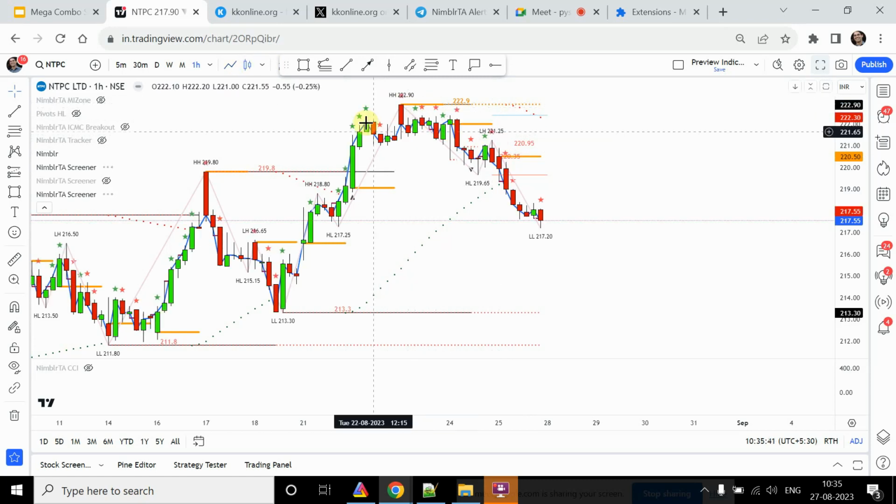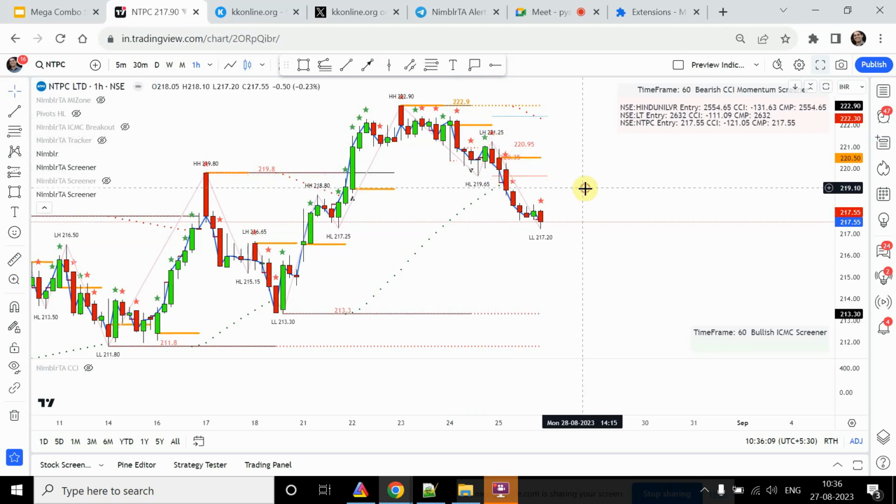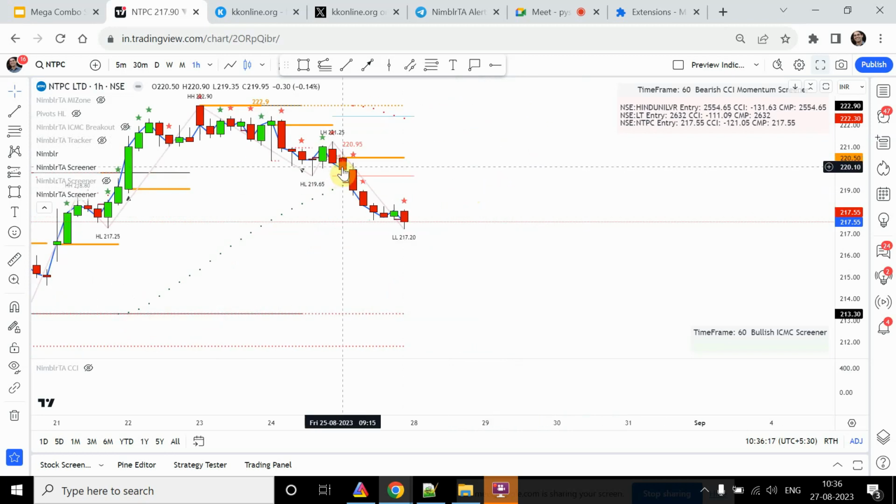The open of the day happened at a value of 222.9. This red candle moved down, so the sentiment at 9:15 on 23rd of August was on the bear side. It gave a minor lower high, and the next day again it moved continuously down, gave another lower high and continued to move down on the subsequent day. Also on 25th, which was Friday, it started to move down itself.